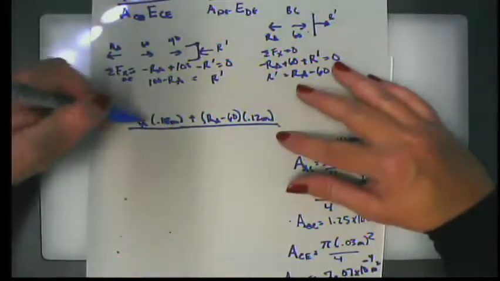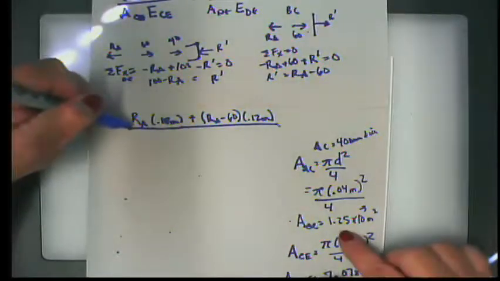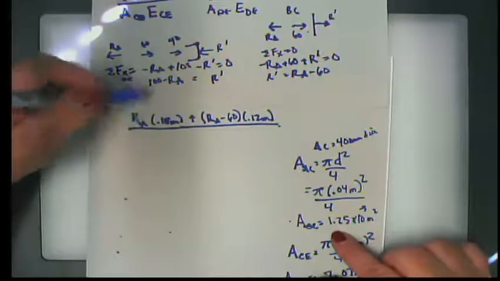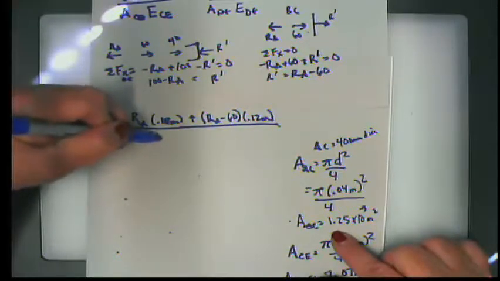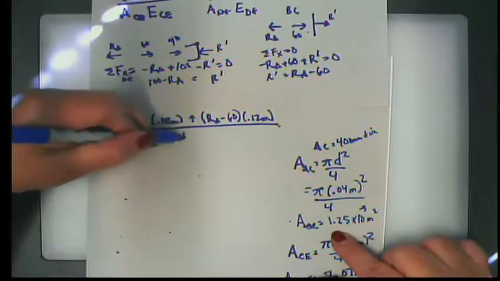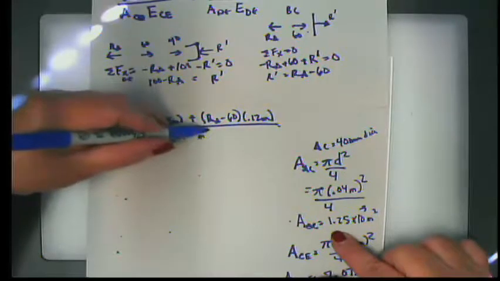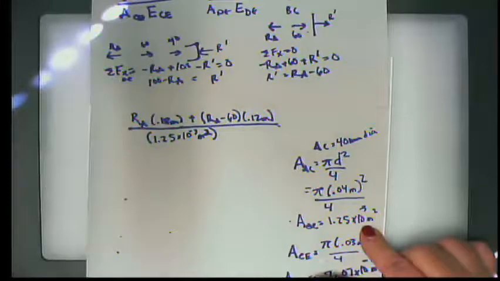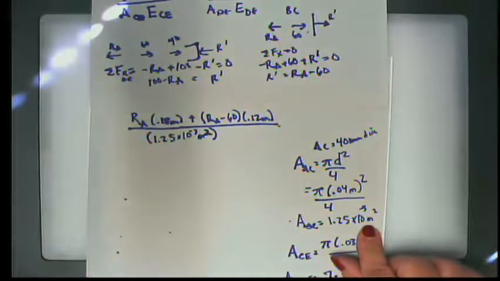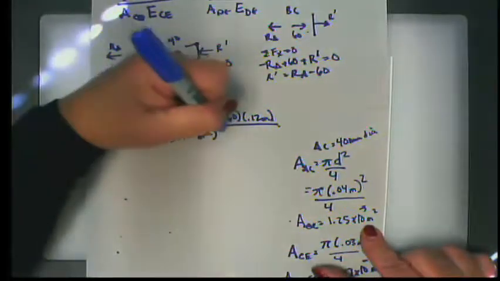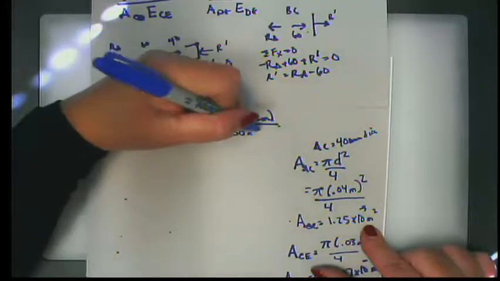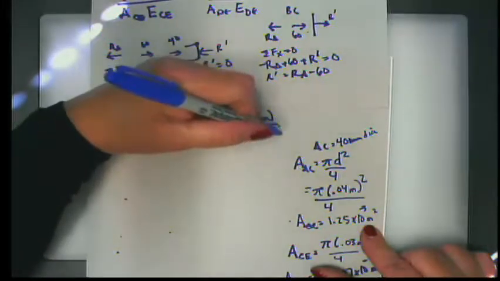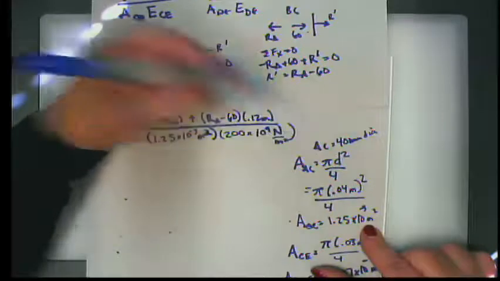All right, so then finishing up this, putting in my numbers, the area from B to C then is 1.25 times 10 to the minus 3 meters squared, times the modulus of elasticity for steel, which is 200 gigapascals, which is 10 to the 9th Newton per meter squared, okay?